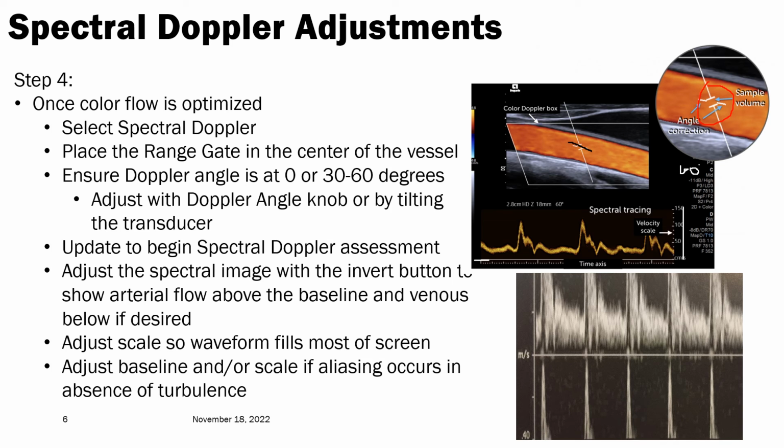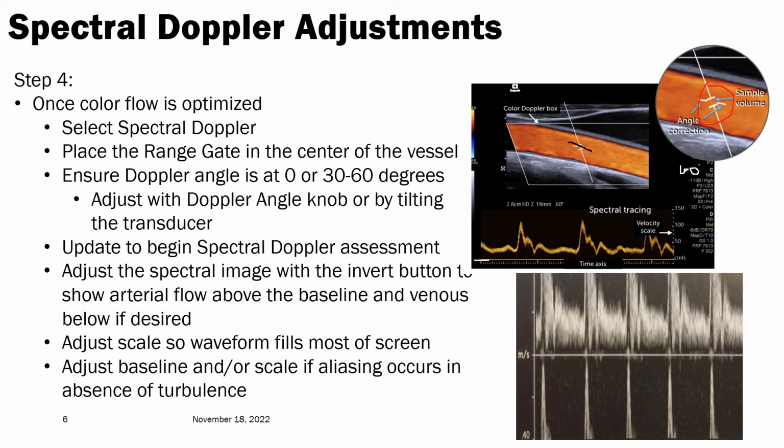If my velocity was maxing out at 40, then I would have a lot of blank area up here at the top of my tracing, which wouldn't be doing me any good. So if that's happening to you, make sure you adjust the scale of your spectral Doppler to maybe bring it down to 100, or something that is going to fill that whole area with information and make any measuring that you're going to do easier.